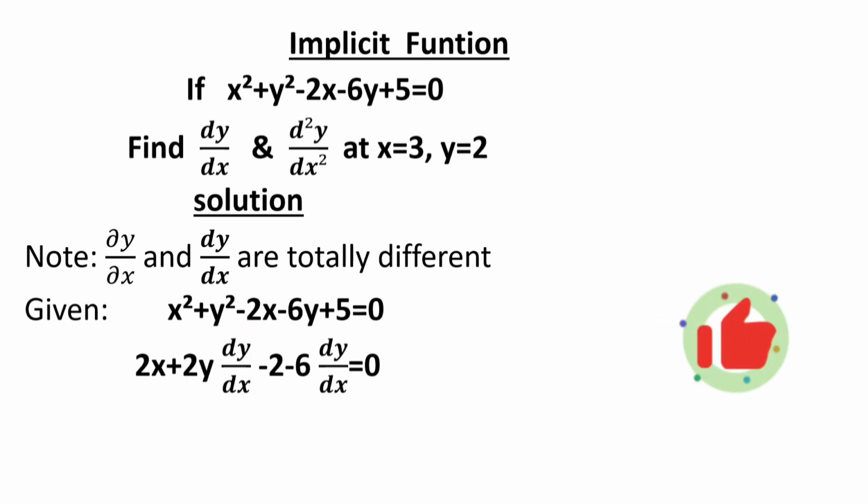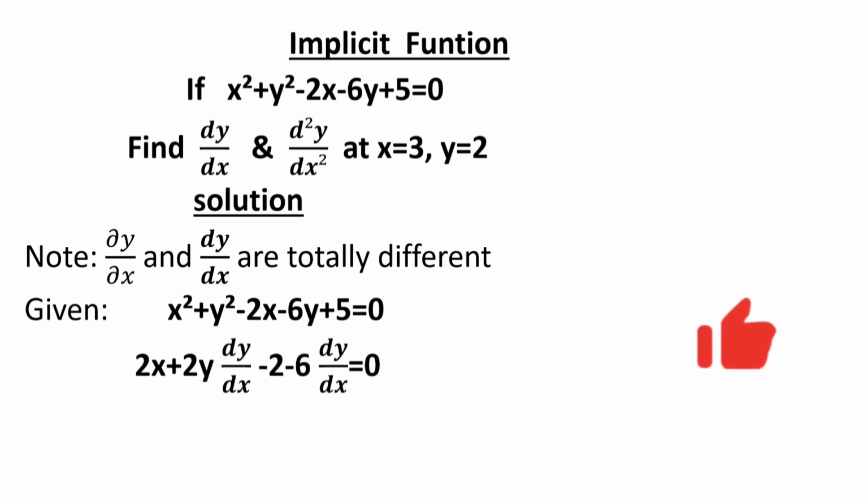So that is one thing about implicit differentiation. You must always add dy/dx at the back, immediately after you differentiate with respect to y. Okay, so that is for that aspect.